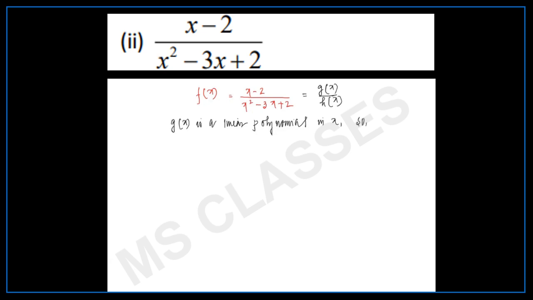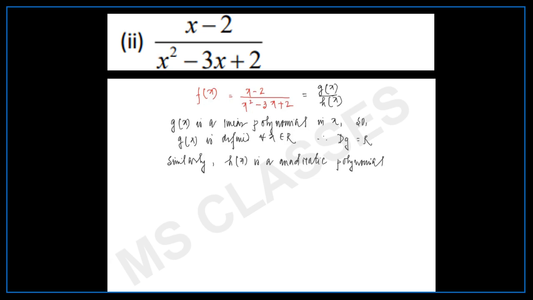So g(x) is defined for all x belongs to R. Therefore, domain of g is R. Similarly, h(x) is a quadratic polynomial in x.